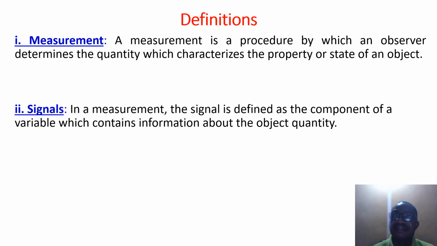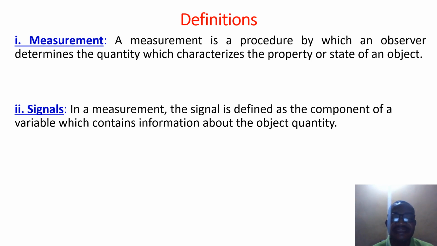Also, in terms of measurements, the measurement of 100 meters is 100 meters. So if there is no measurement, you'll not be able to know the specific value of a quantity. Measurement makes it possible for us to know the specific value of a quantity. Another important definition we must note is signals.